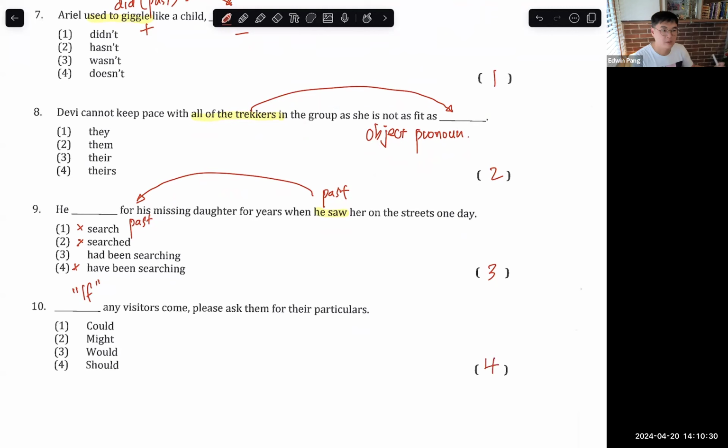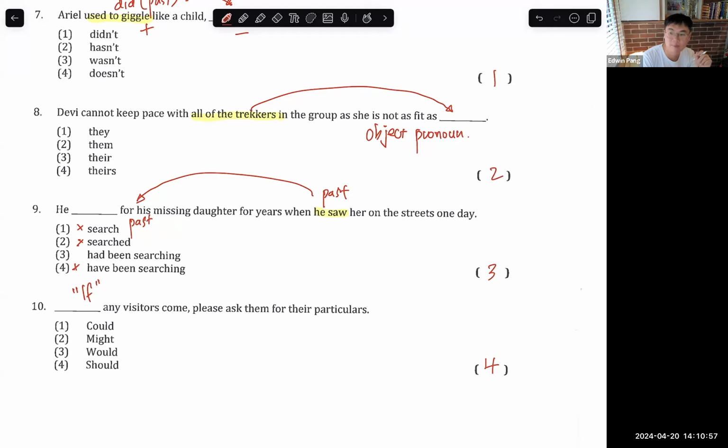Because in this case, should refers to something that has a probability of happening and has some form of connection. There's some suggestion that there is a consequential or cause and effect relationship involved in this. None of the other modal connectors do. So the answer should be should.